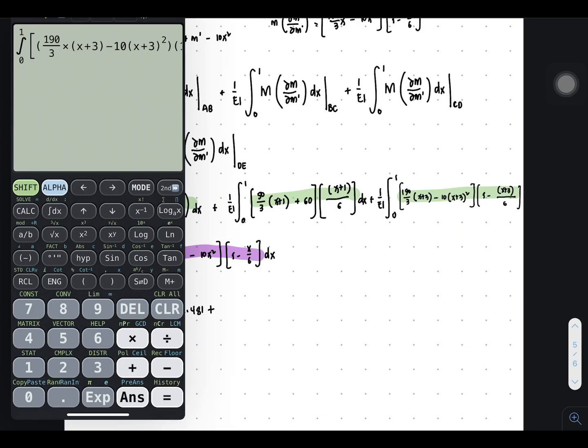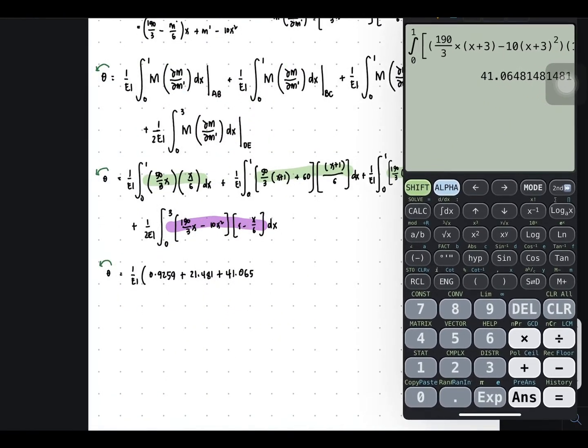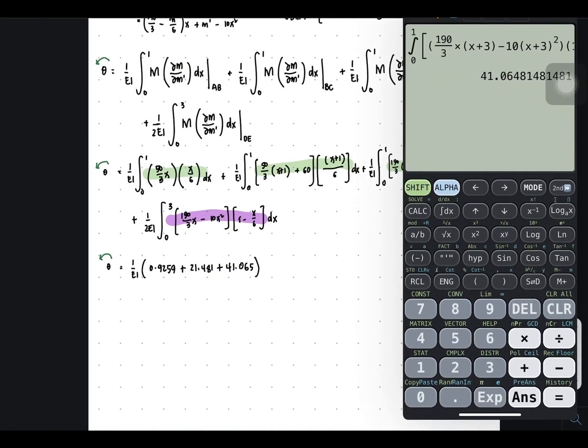The limit is from 0 to 1. So this is 41.065. So these are the three terms that we will be using in 1 over EI.